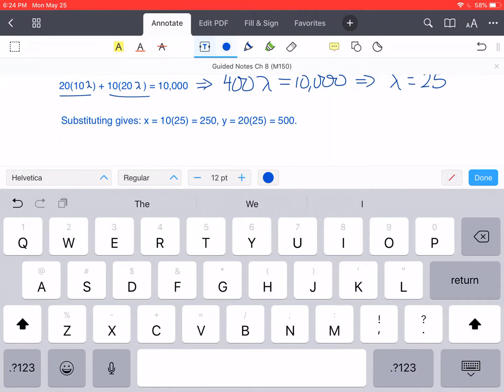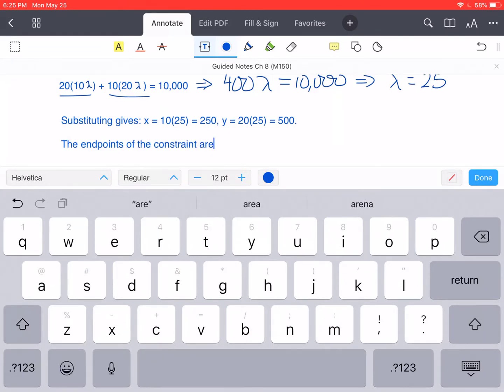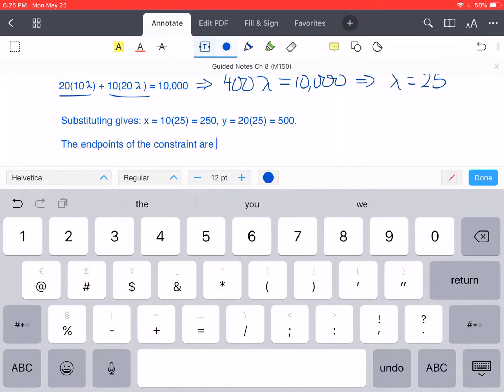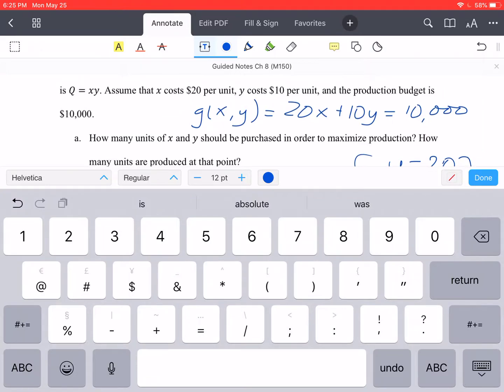We need to also consider the endpoints. So the endpoints of the constraint are where x and y are at their largest or smallest. So in this case, that's going to be 500 and 0. If x is 500 and y is 0, then we have 10,000.